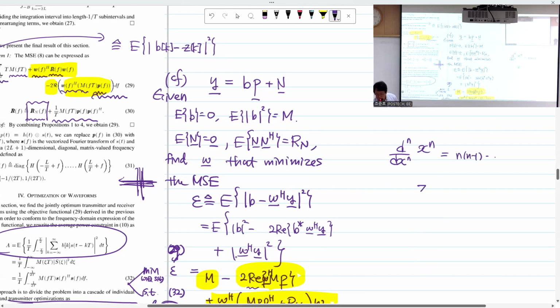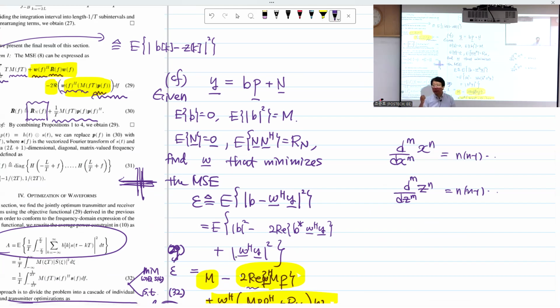And probably you also remember, let me use m, z to the n, where z is a complex number variable, differentiated m times, and it has the same form, right? Depending on what is m. Why is this so? That is all related to what you learned in complex functions and variables, and all related to analytical signals and those Cauchy-Riemann conditions.